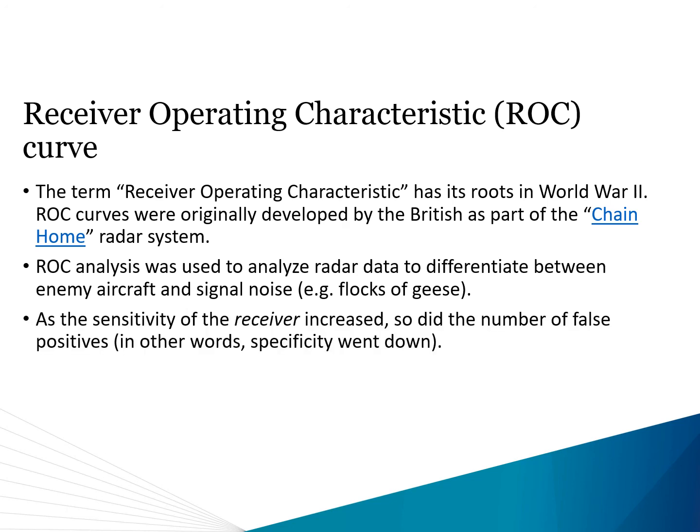But they realised that as the sensitivity of the receiver increased, so did the number of false positives. In other words, the specificity went down. You knew something was there, but you were less certain what it was. So the ROC curves were used to develop the level at which the sensitivity of the receiver should be set.